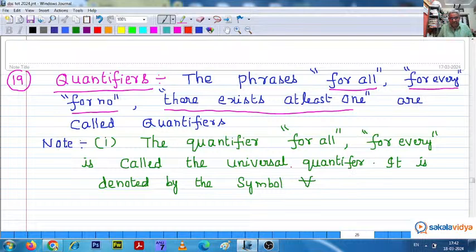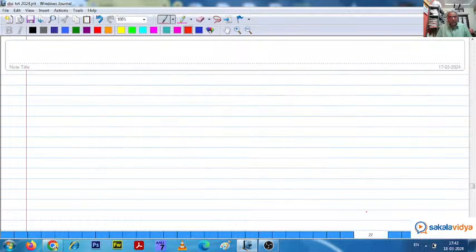So this is the symbol for the universal quantifier. All of you just remember.